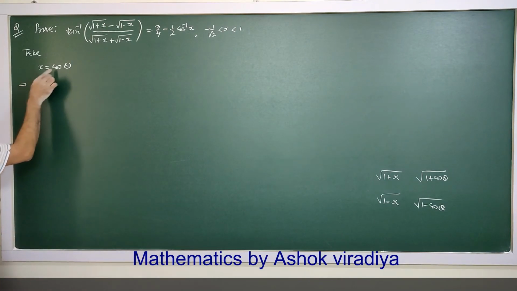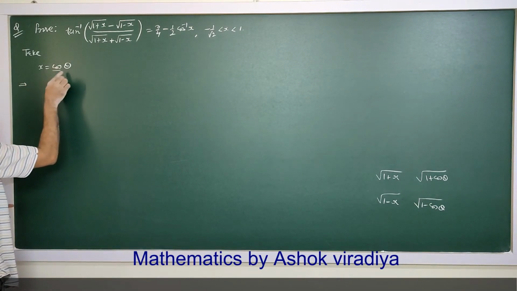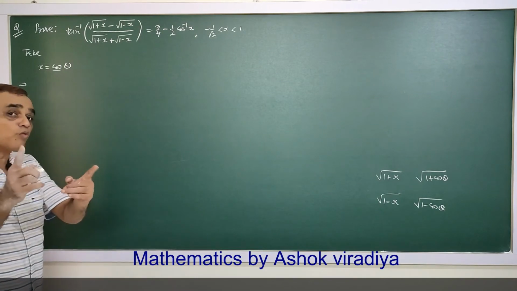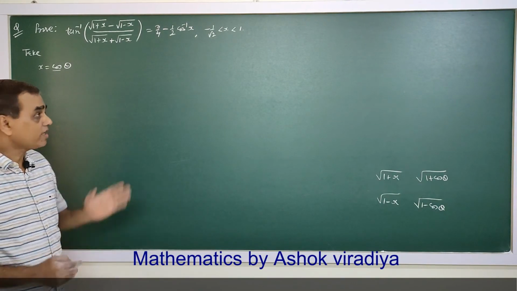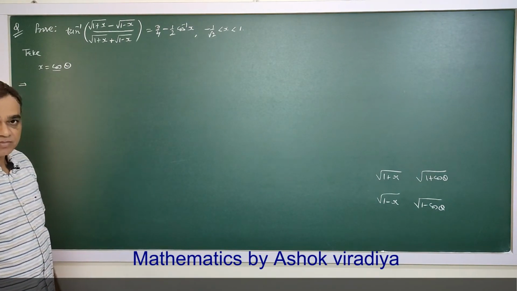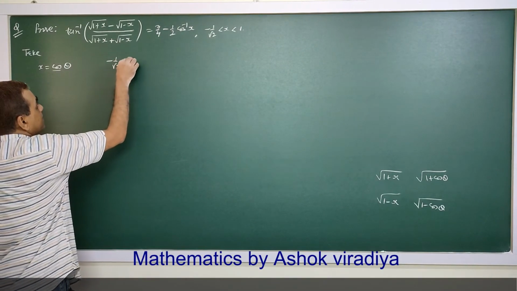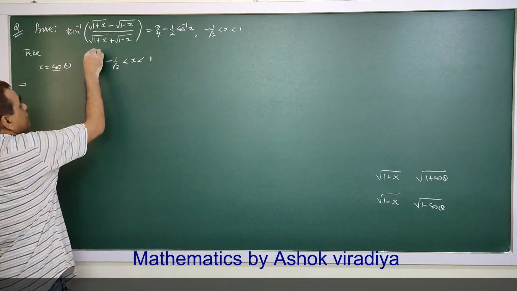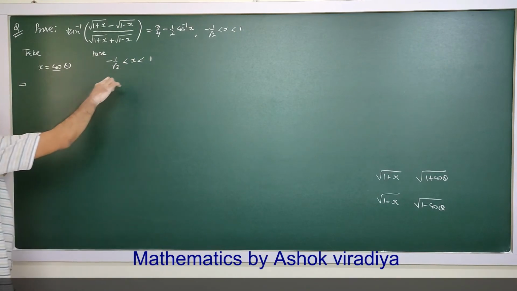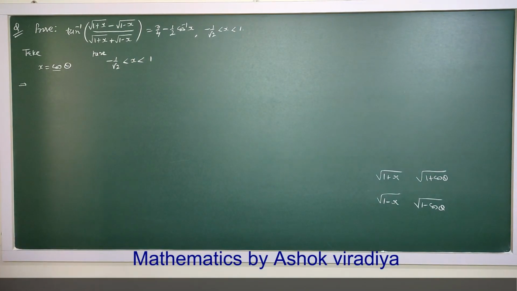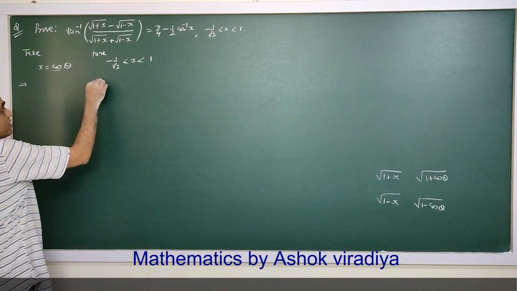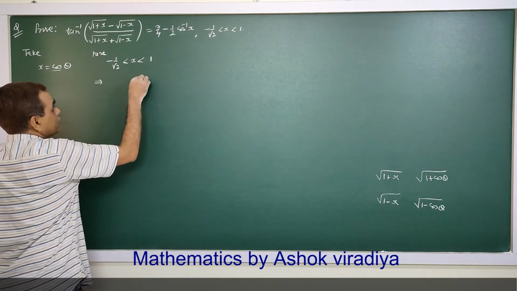Now cos inverse x equal to theta is allowed if theta belongs to the domain of cos. So let us check inside. Say here we are given that x is between minus 1 by root 2 and 1. So x means cos theta.